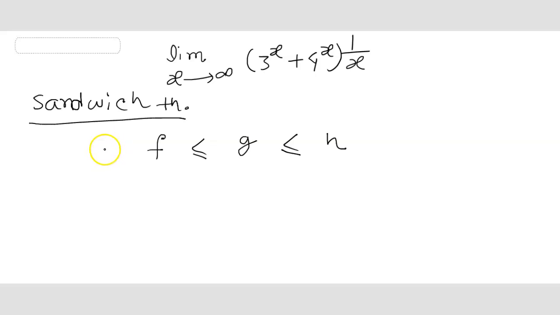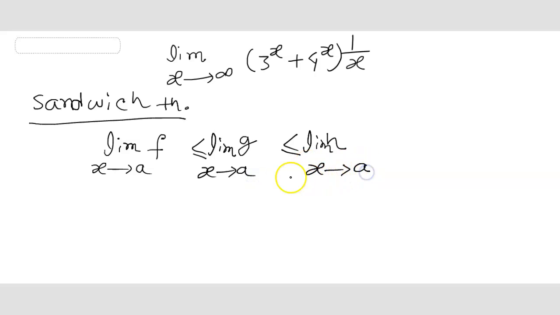Now, if we take limits of the functions, which always have the same domain, obviously, and calculate the value of those limits at the same point, then what will be the value of the middle limit?